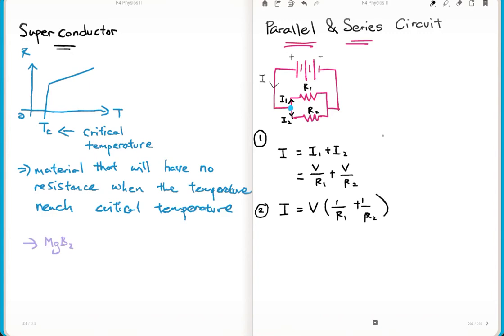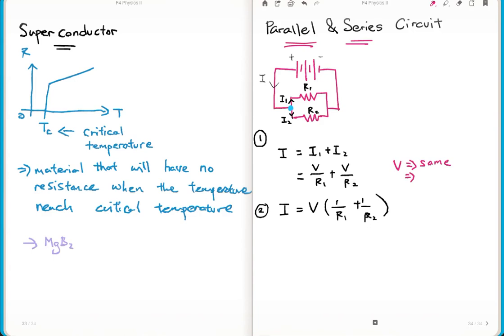Now there are a few things to talk about here. Our voltage is the same, meaning the voltage here and here is the same. Because what is voltage? Potential difference is actually work done per unit charge.